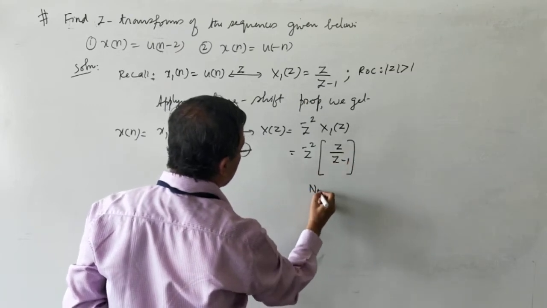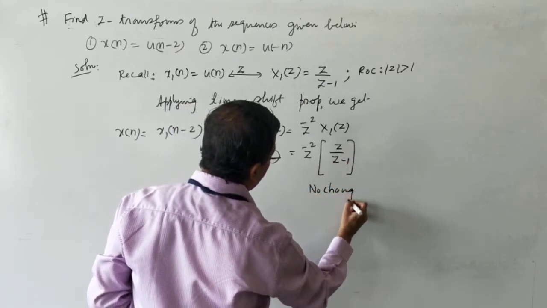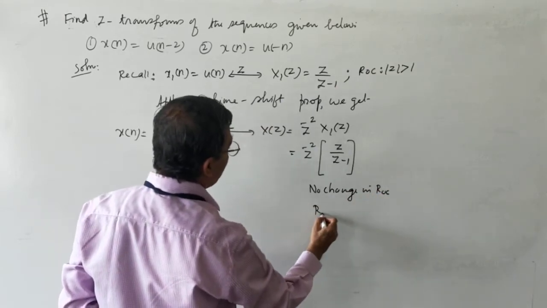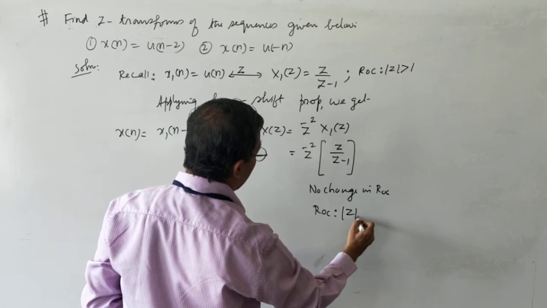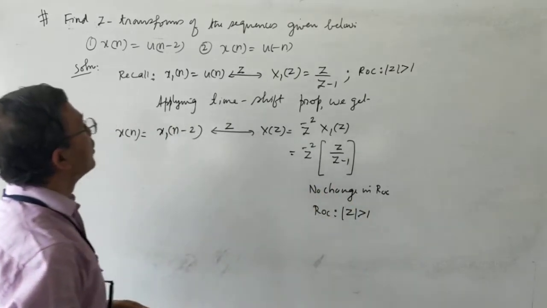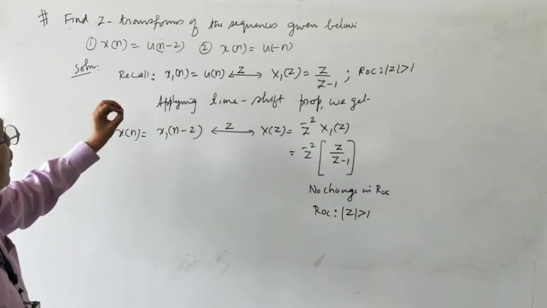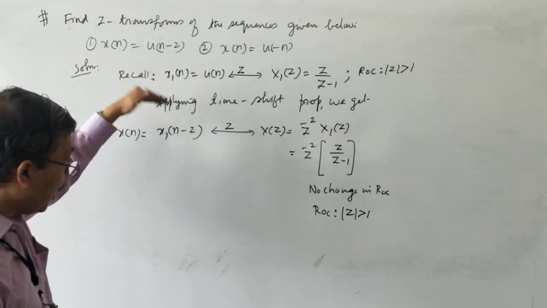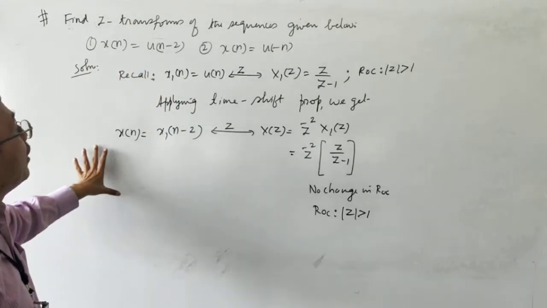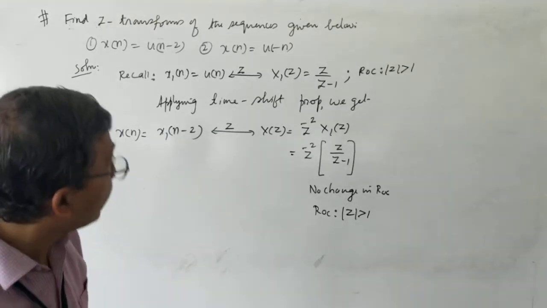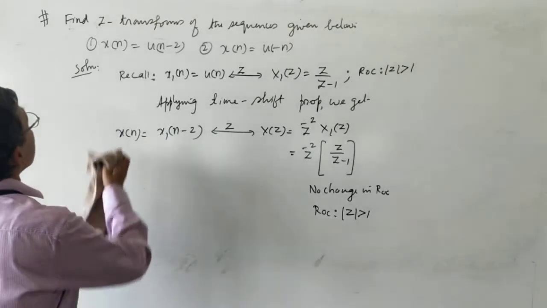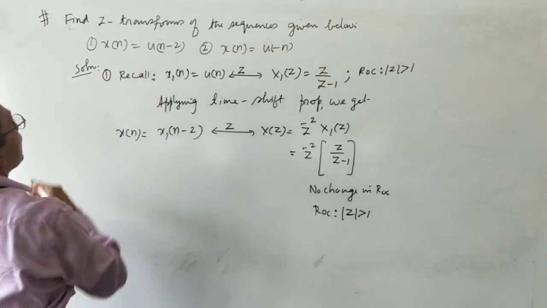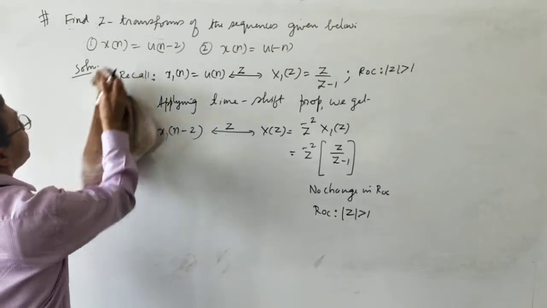So no change in ROC. That means ROC is mod z greater than 1. So first you have to remember the transform of u of n, then remember time shift property to get the final result. This is the solution of the first problem. Then I'll go to the second problem.